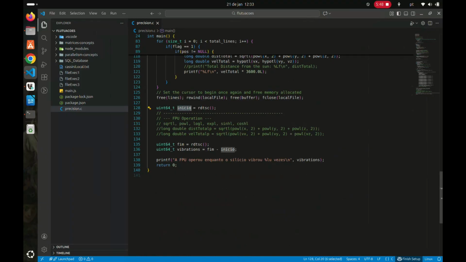You start this information, and after the operations that must be very precise, you take again and compare how many times the silicon vibrates. It's not about how many seconds it proceeds, it's about how many times the hardware shook.